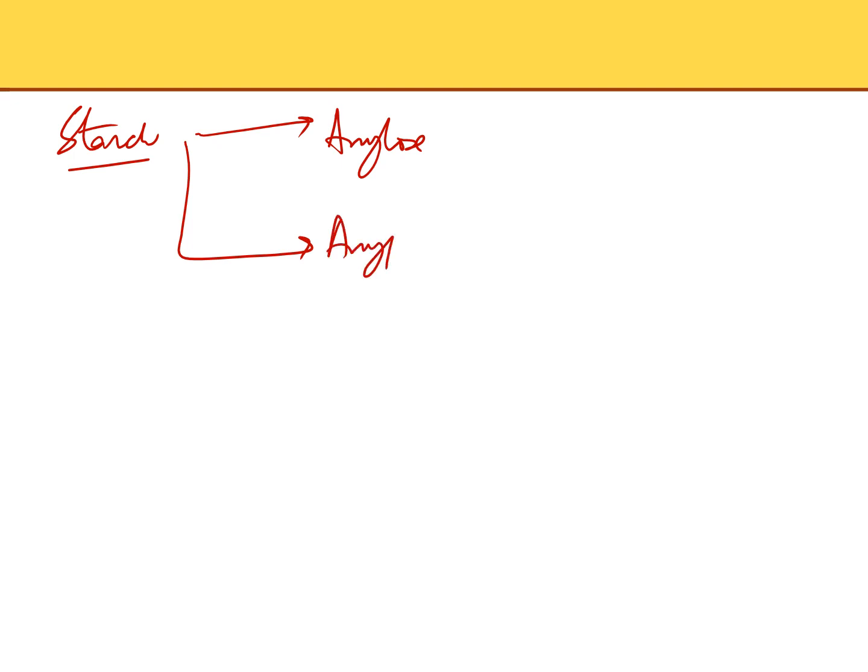Okay, to summarize, you should have amylose and you should have amylopectin. Let's make it proper.